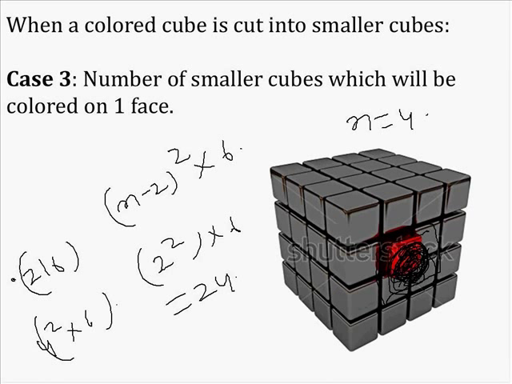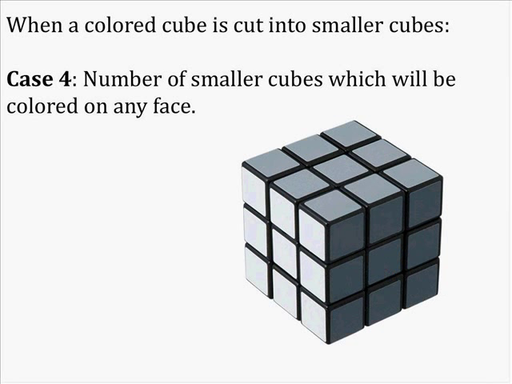Now, obviously, all of you can definitely calculate by adding everything how many cubes will not be painted at all. Which will be colored and which will not be colored here?